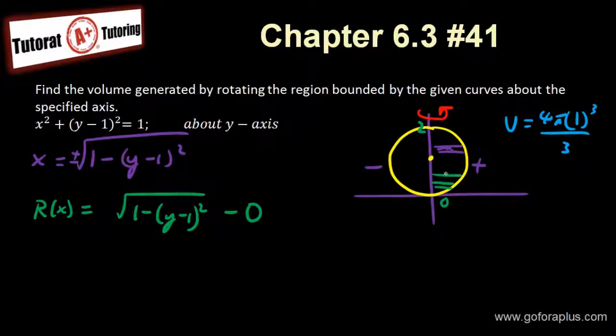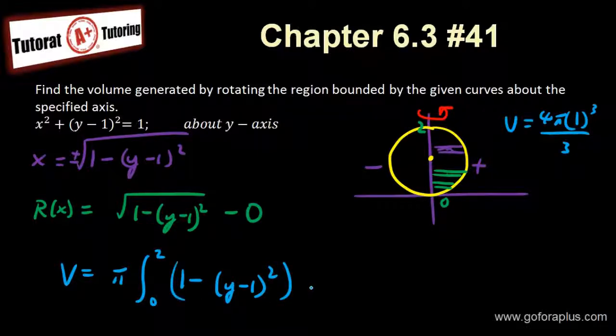So there are so many rectangles right here, and I'm adding all of them from 0 to 2. Remember, integral is a summation of tiny little things. So volume equals pi integral from 0 to 2, and then my radius squared. If I square it, it will become 1 minus y minus 1 squared, and this thing dy. And this is basically my integral.